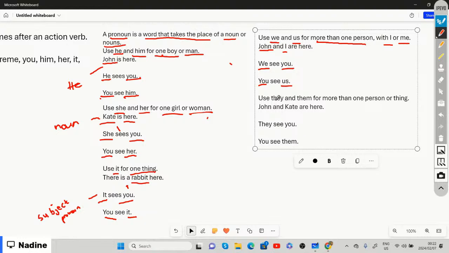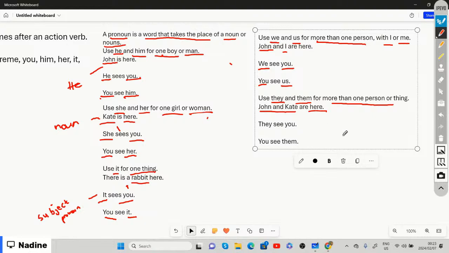And then we also use they and we use them to refer to more than one person or more than one thing. If we make examples, we say John and Kate are here. So John and Kate is basically just a noun.